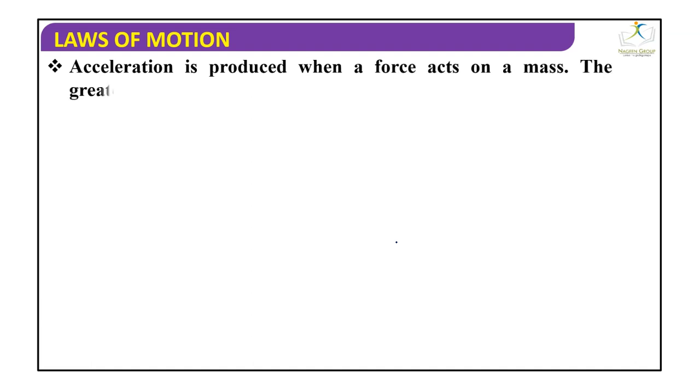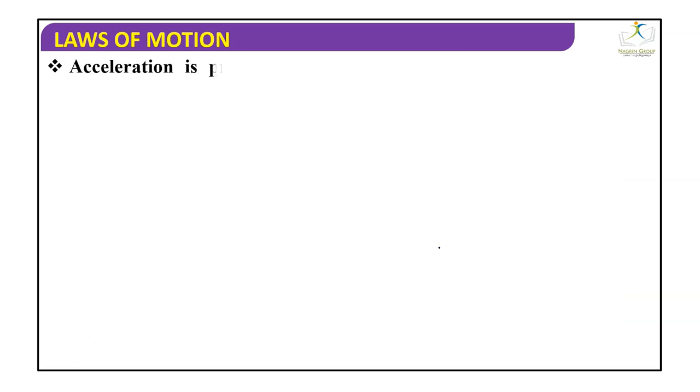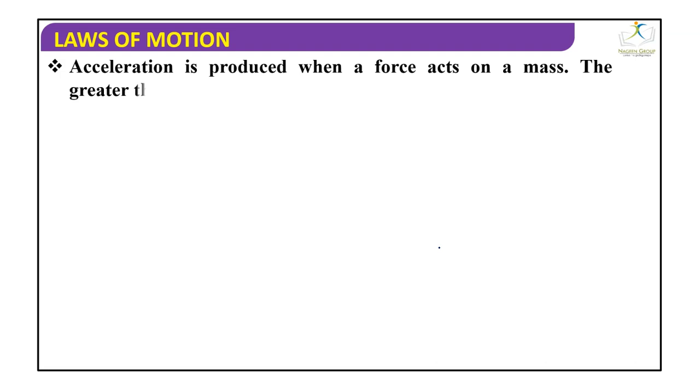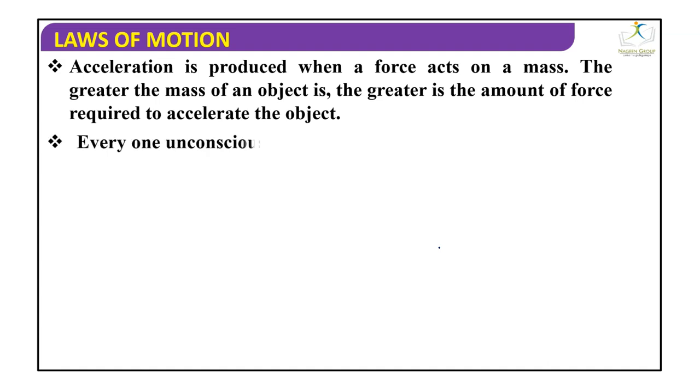As you see in the previous one, if you apply force on the ball, it starts to jump, as we see here. So acceleration is produced when the force acts on the mass. The greater the mass, the greater the amount of force required to accelerate the object.